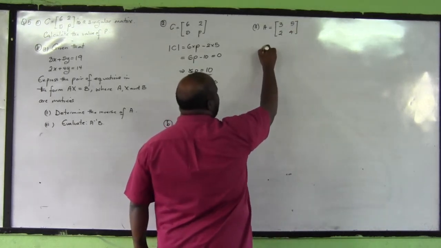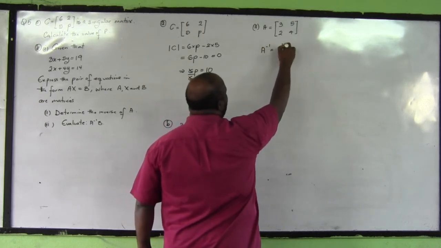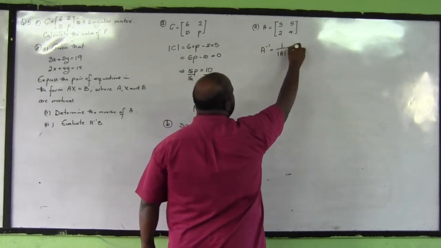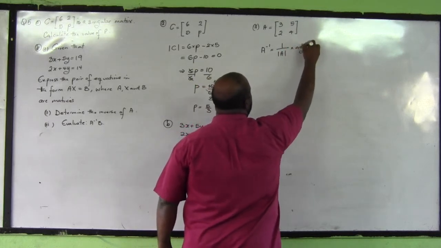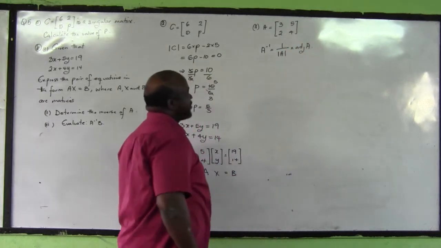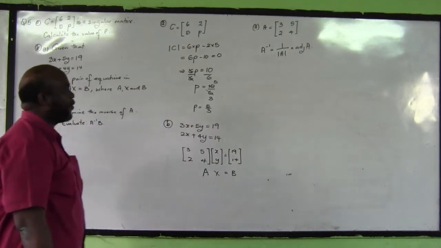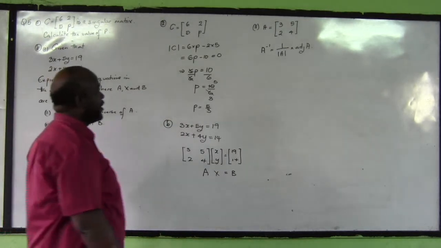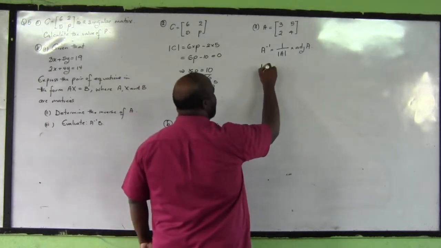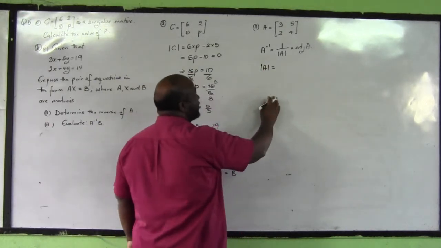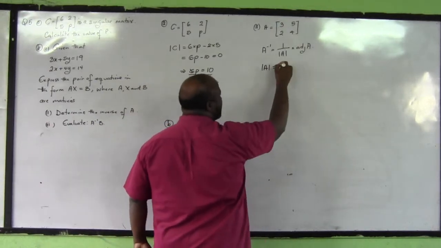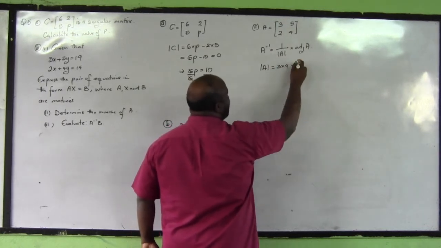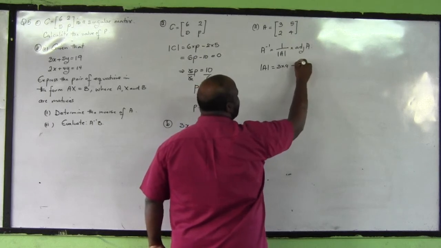Ladies and gentlemen, A inverse is equal to 1 over the determinant of A times adjoint A. Let's find the determinant of A. The determinant of A would be 3 times 4, that's diagonally, minus 5 times 2.